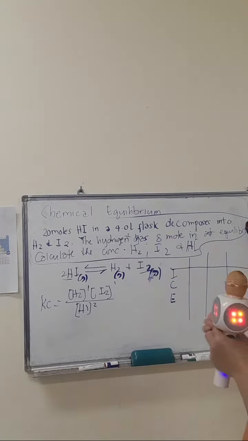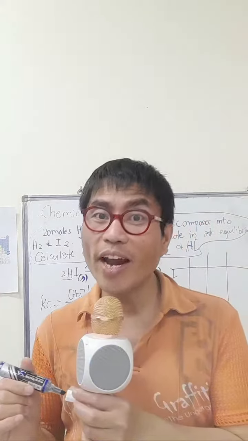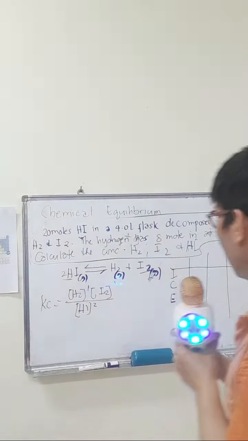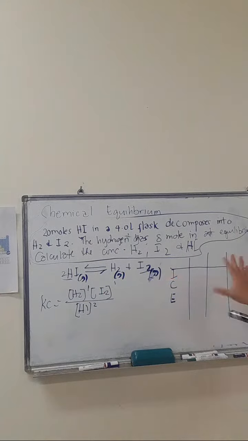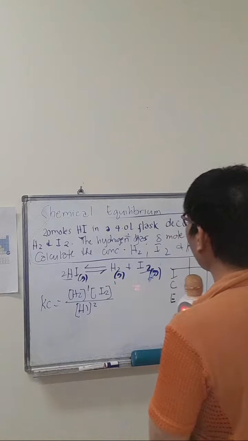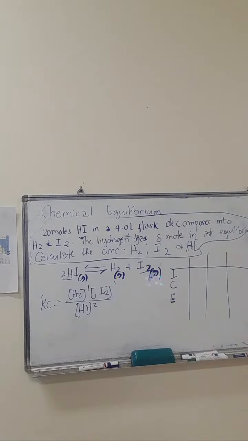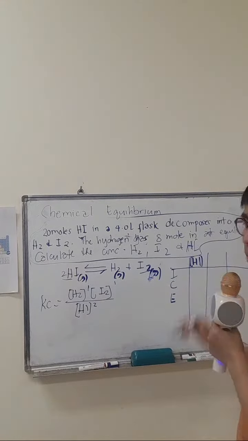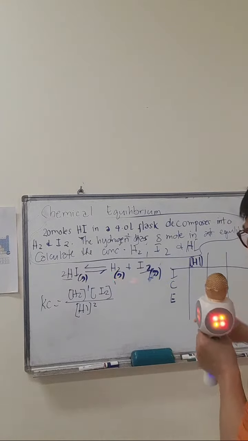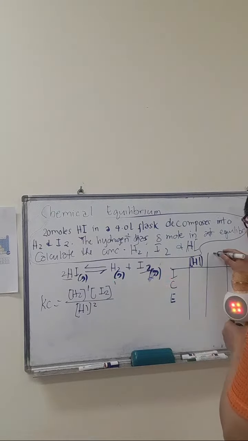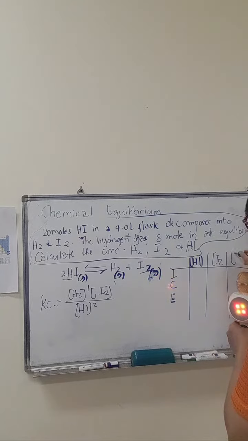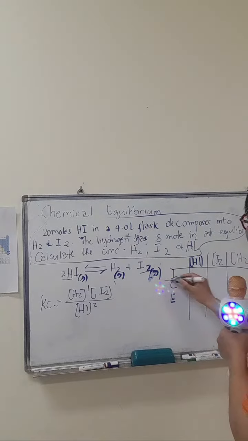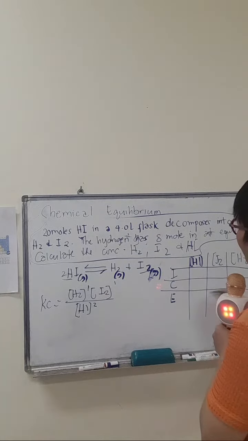In chemical kinetics this is called the initial rate method, but here we are simply putting it in a table for easy understanding of how to solve the equilibrium constant of the concentration.